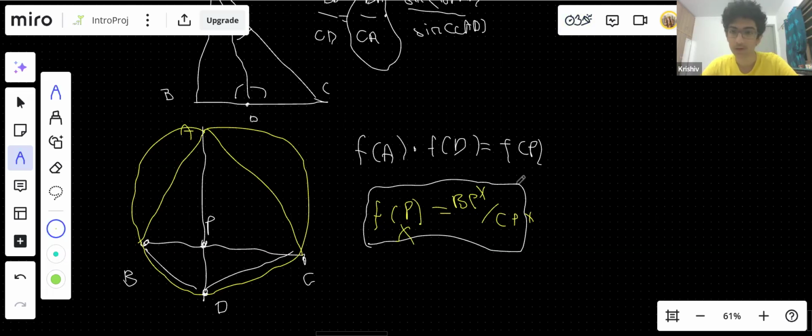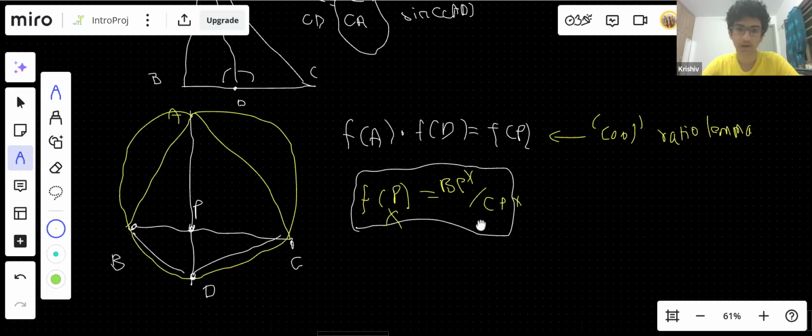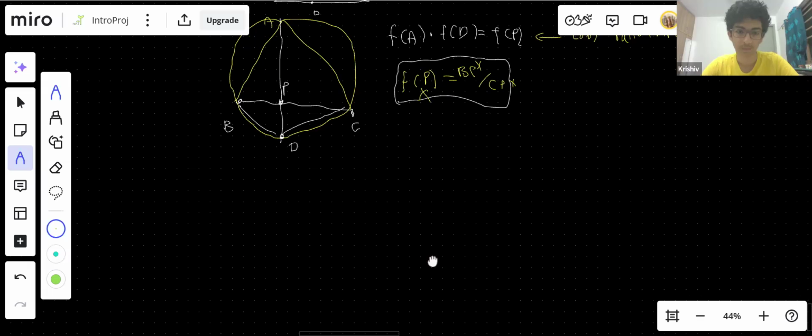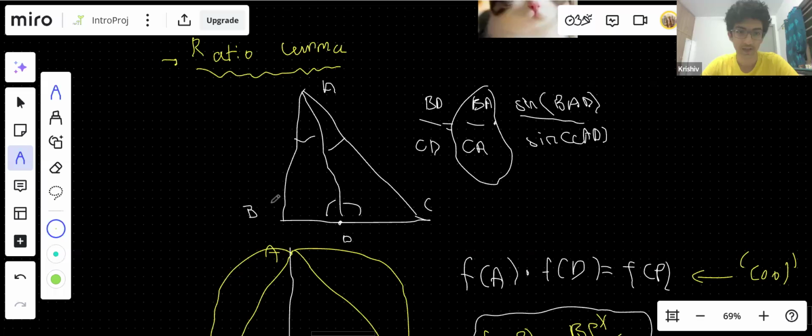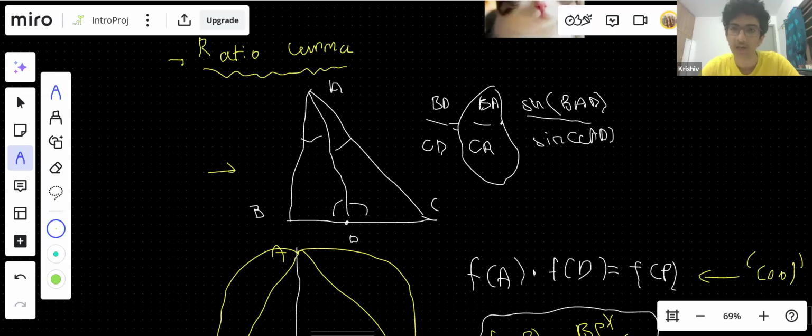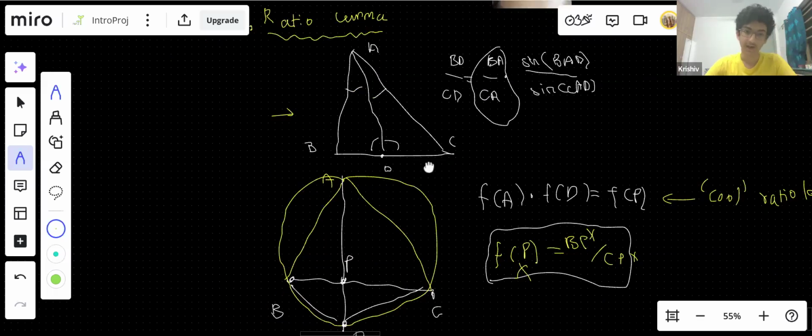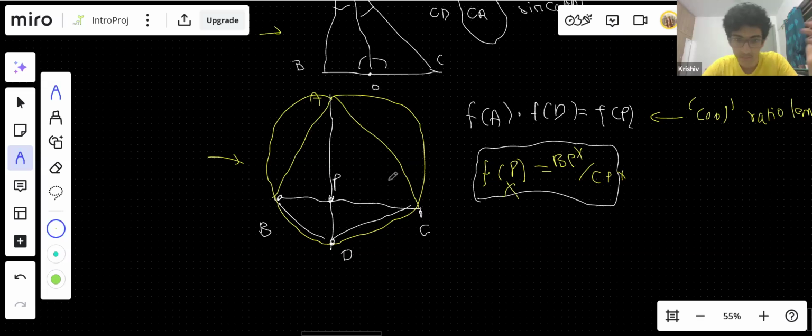Okay, cool. So this is our new cool ratio lemma, and I have a problem. Obviously, this ratio lemma is just an application of the sine rule, and this is also another application of the sine rule.